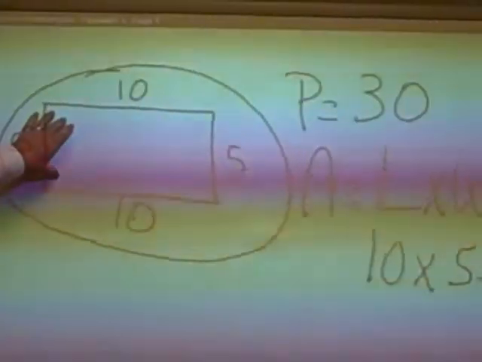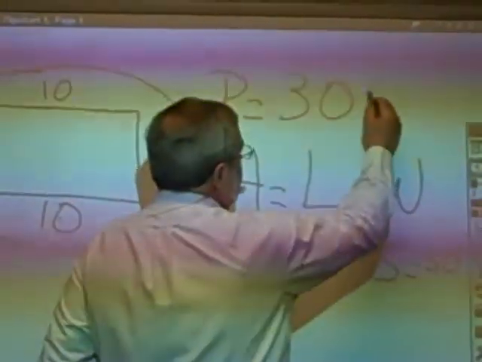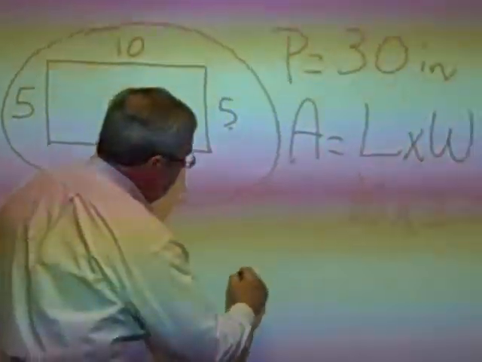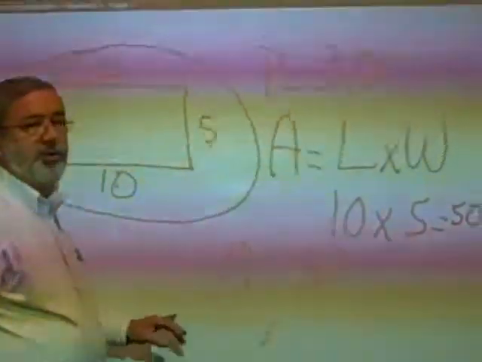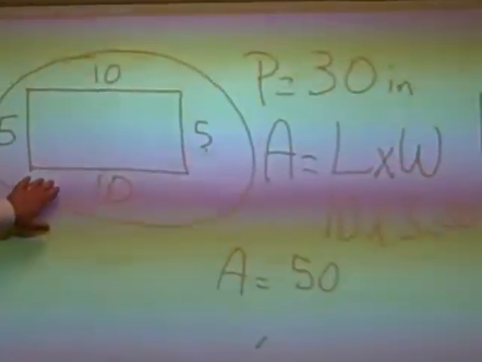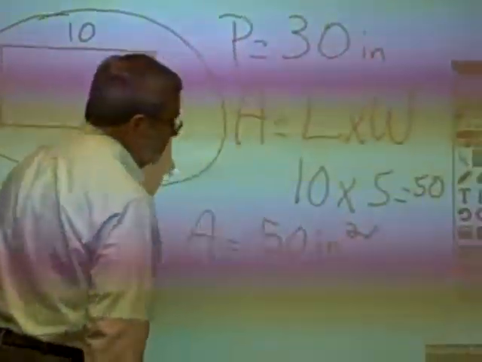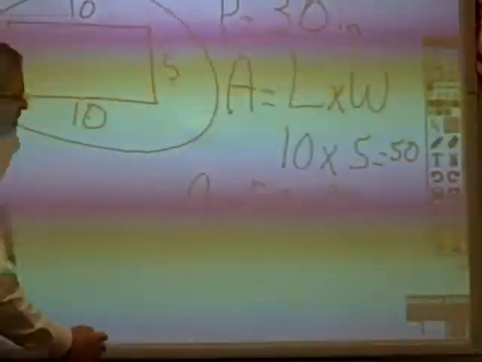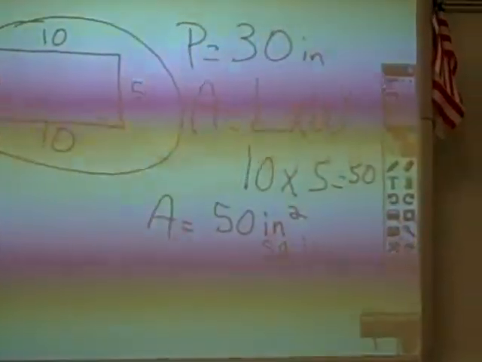So we see that this rectangle has a perimeter of 30, we'll call it inches, 30 inches, but it has an area of 50. Now one thing we have to be sure about when we're doing area, we're talking about square units. So we must label this as square inches, or we can call it inches squared. Either one is acceptable. We can write it either way.